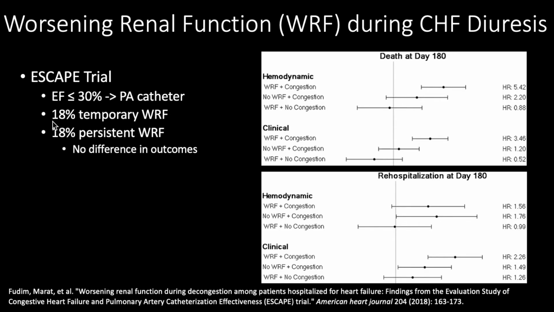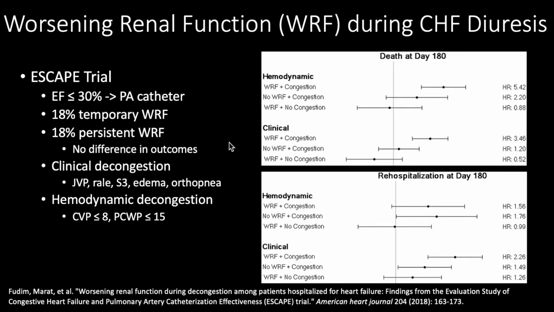And they actually looked at who had temporary worsening renal function and who had persistent worsening renal function. So in some patients, their creatinine improved at 60 days and returned to baseline. Others, the creatinine really didn't improve at 60 days. Interestingly, there's no difference in outcomes. Even if their creatinine is still high at 60 days after their CHF readmission, there's no difference in terms of death or rehospitalizations.